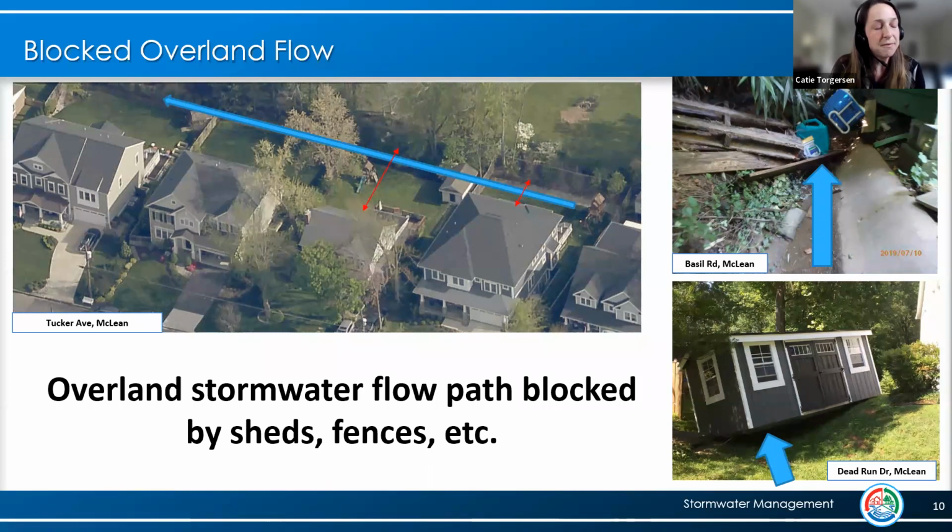And so in the photo on the slide, you can see the combined effect of those smaller homes becoming much larger homes and shrinking that flow path, and then the addition of fences and sheds coming in and blocking the flow path, which is represented by the blue arrow.